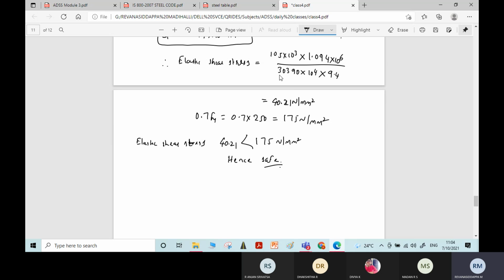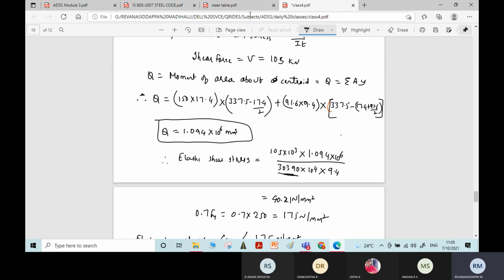So in the notes which I have shared, I have taken this different value. Whatever the moment of inertia about the major axis is there, that you need to take. Okay. So with this I will end the class.